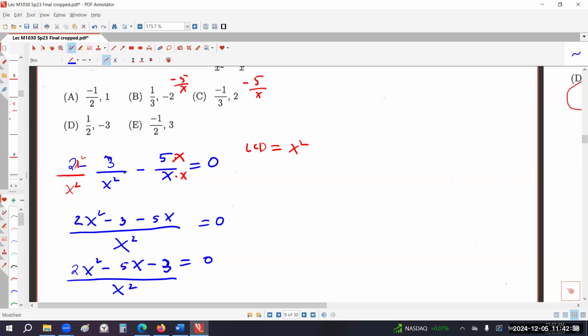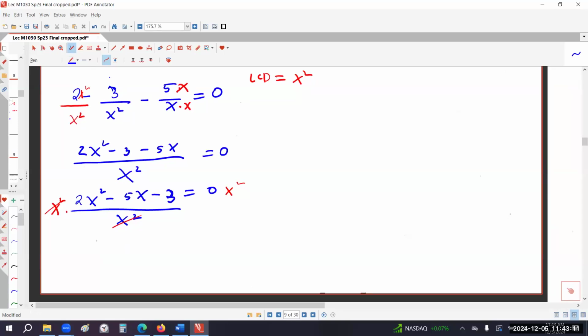Our goal is to either factor or use quadratic formula. We don't need the denominator, so we multiply both sides by x squared so that we don't have to work with the denominator. And we get 2x squared minus 5x minus 3 equals 0.